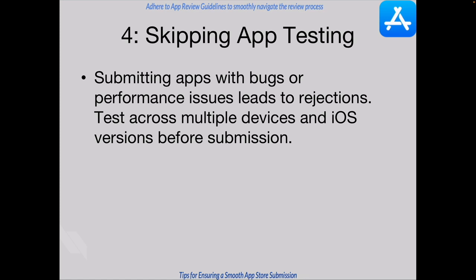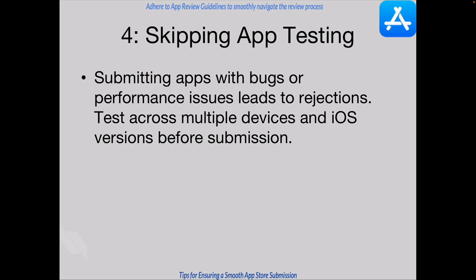Fourth, skipping app testing. As I mentioned previously, a very important step before submitting the app to the App Store is testing. One of the worst things you can do is submit an app that has not been properly tested.